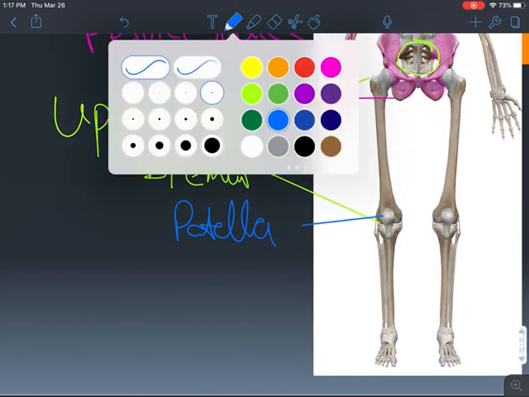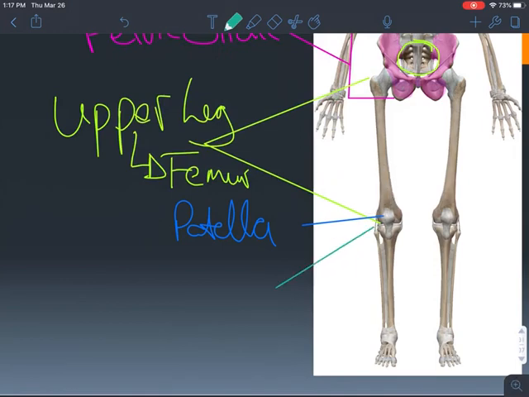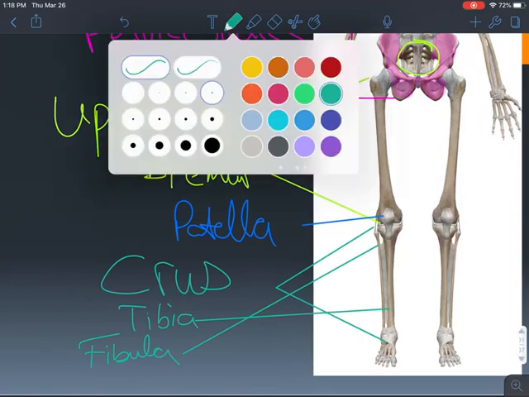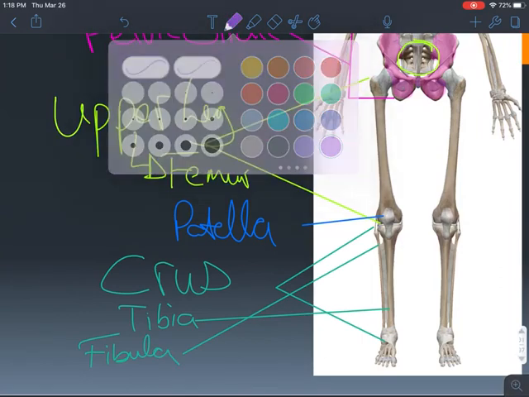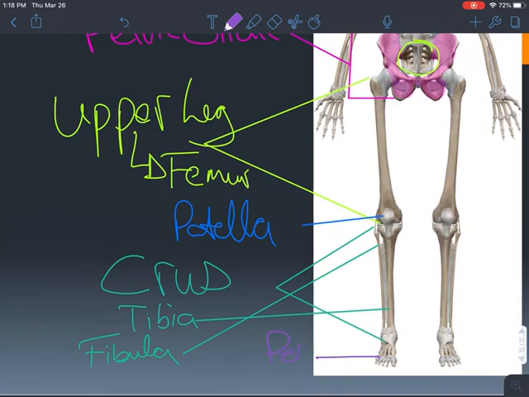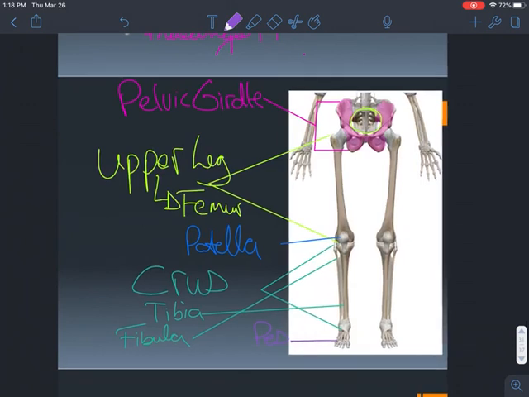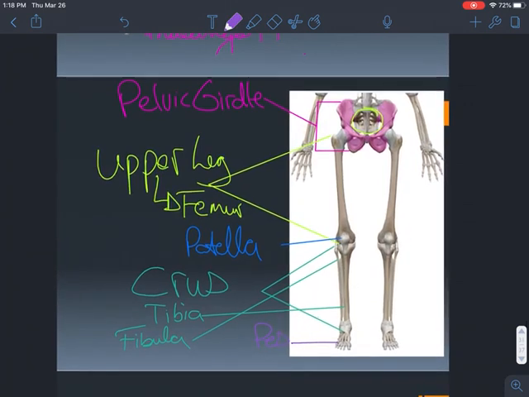And then the region of your lower leg, which is your crus, tibia, and then fibula. And then you have your pes. All right. So there's the lower extremity, the regions of your lower extremity.